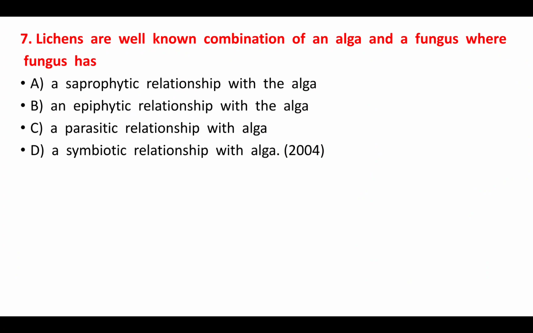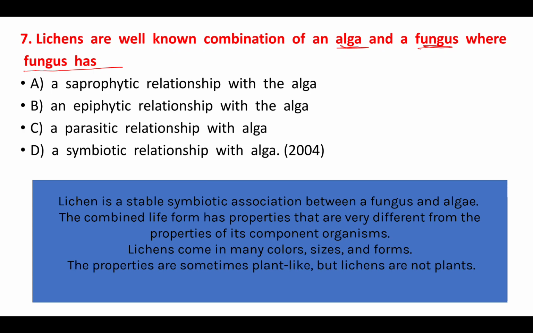Now let us move on to the 7th question. See, lichens are well-known combination of alga and fungus where fungus has. See, this combination of alga and fungus and their relationship is said to be a mutual relation. That means symbiotic association between the fungus and algae.